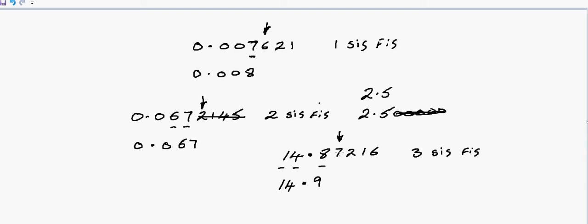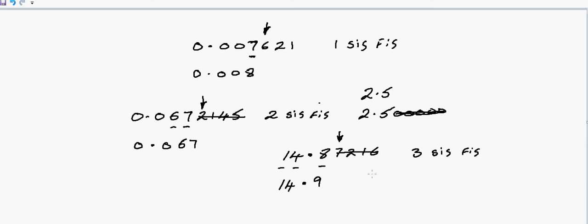Okay, because all of this has no value anymore, because we've now rounded the 8 to a 9. So this number to 3 significant figures is 14.9, but that's what it is to 1 decimal place. So the two things are separate.